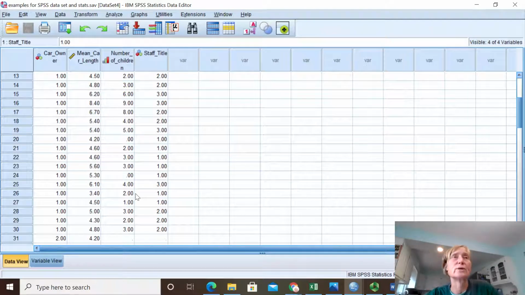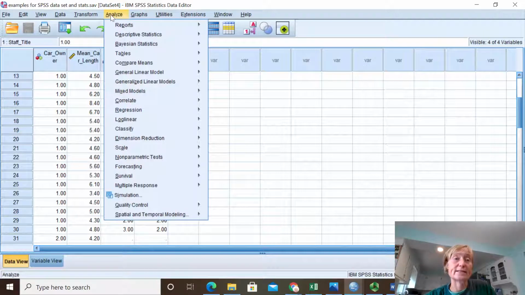So what we want to do is a statistical analysis that looks for a relationship between 2 variables. Does the number of children one has predict the size of the car that you have? Does that make sense? We're going to do a regression analysis.